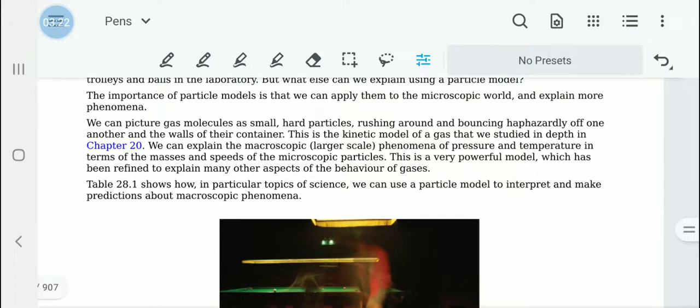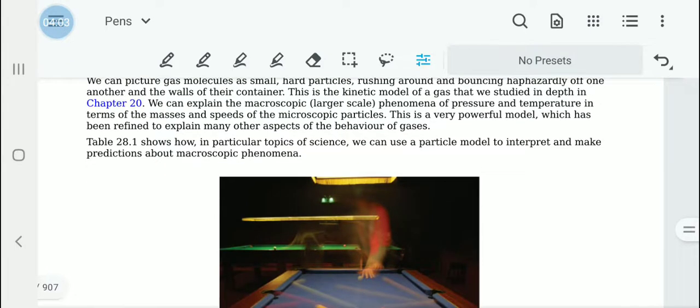For example, if you take a gas and consider it as hard, random, small particles randomly moving about and colliding haphazardly with one another and on the walls of the container, that develops the kinetic model of a gas that we have learnt earlier. So the macroscopic properties such as pressure and temperature can be explained using the microscopic particles and their properties.